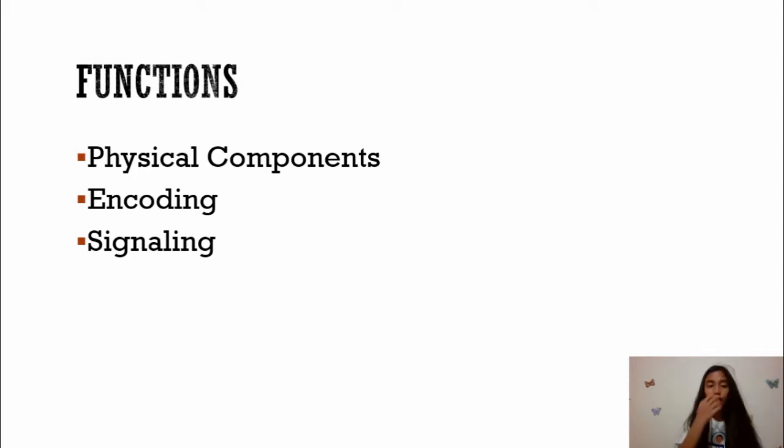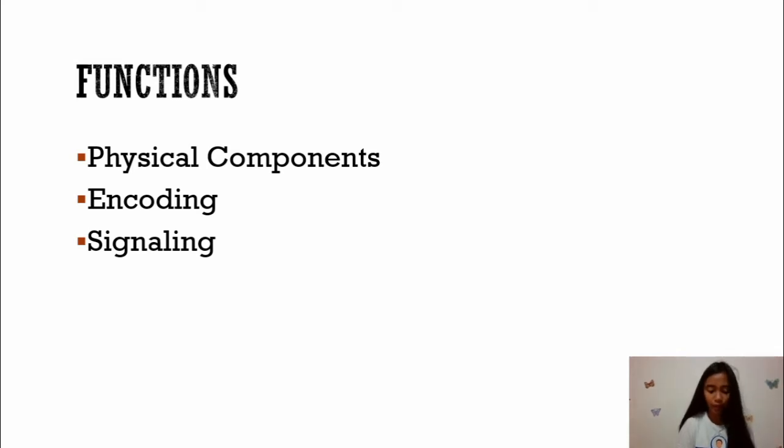So for the next one, we have the signaling. The physical layer must generate the electrical, optical, or wireless signals that represent the 1 and 0 on the media.